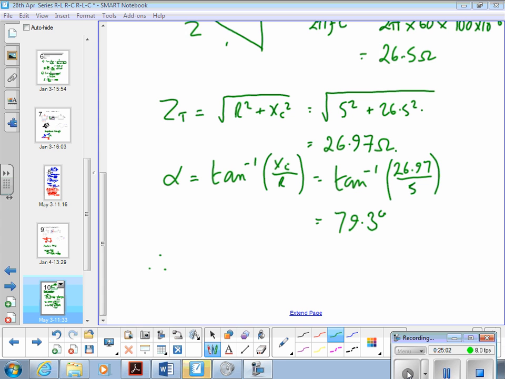Therefore, ZT is equal to 26.97 ohms angle minus 79.3 degrees. You have to remember that that's negative when you're doing the calculations by hand.